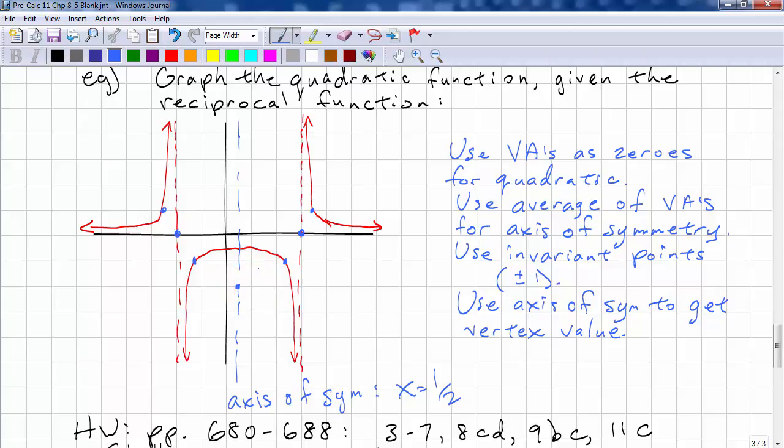And now we just connect all our points. And we have our quadratic function. So that process wasn't too difficult, and that completes our lesson.